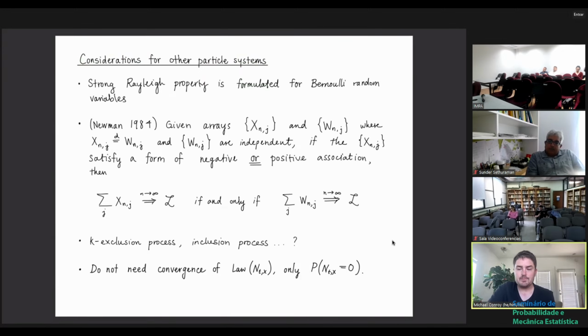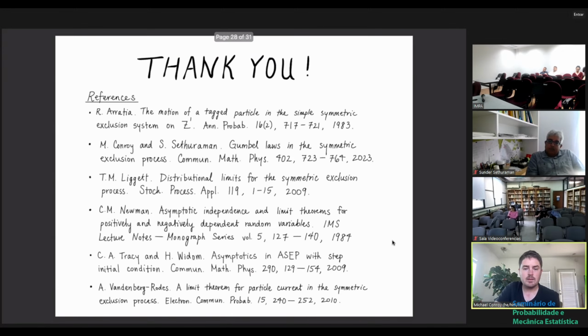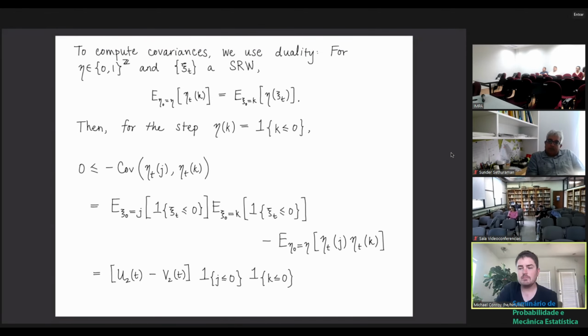So I have a little time, so I can mention a little bit more about this duality computation for the covariance. So we want to show that the sum of these covariances vanish. They're negative, all these covariances are negative.